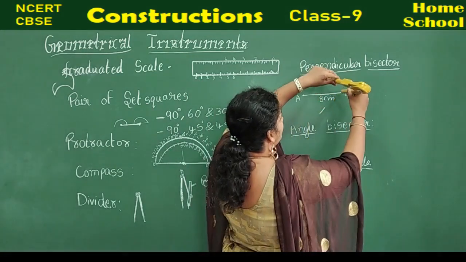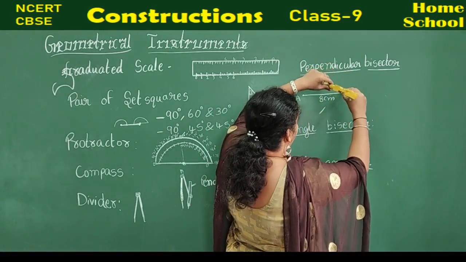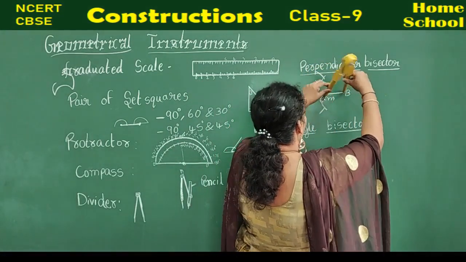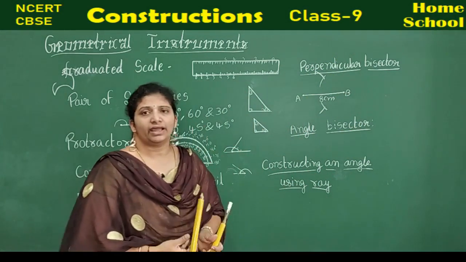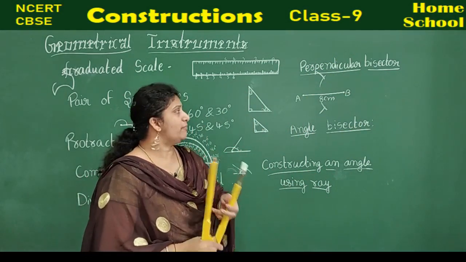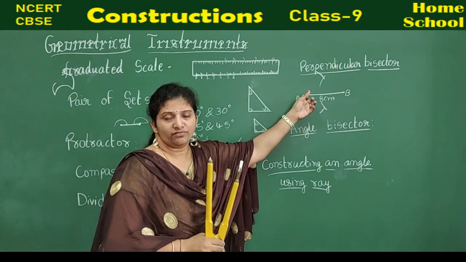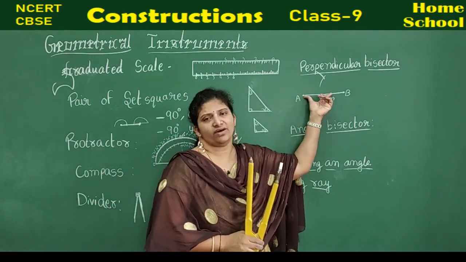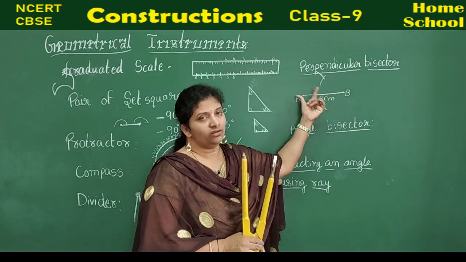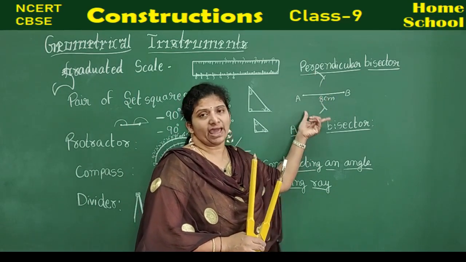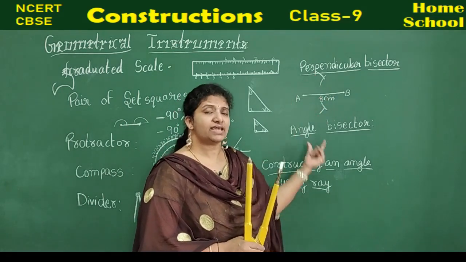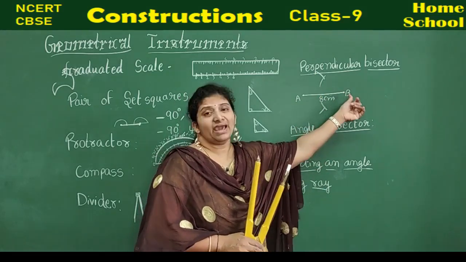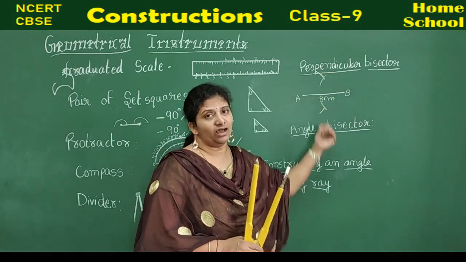And again, put the sharp edge at B, above and below, and cut the arcs. From point A as center, take more than half of the line segment measure, draw an arc above and an arc below. With the same measurement, put B as the center and cut the arcs.